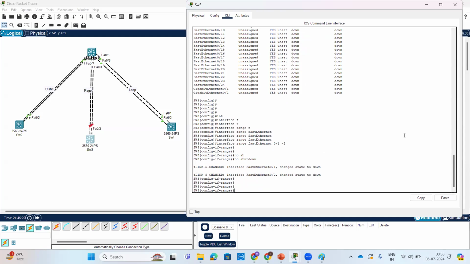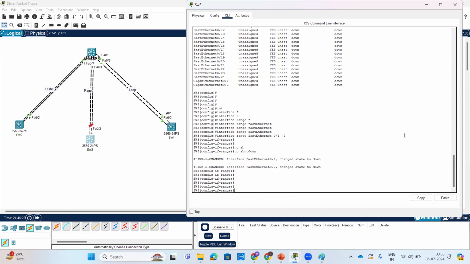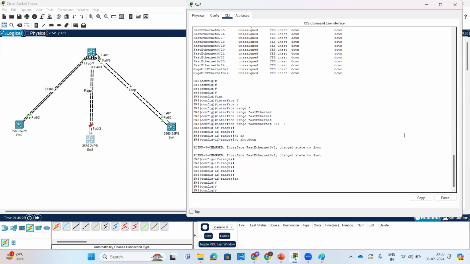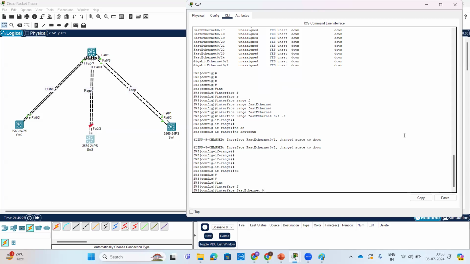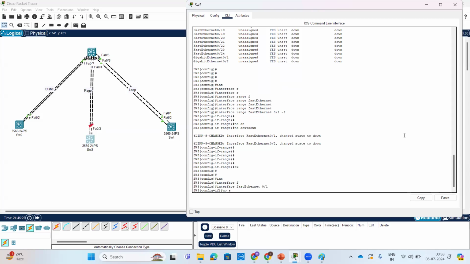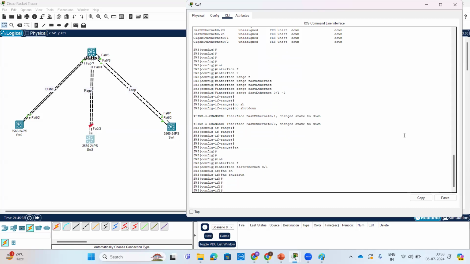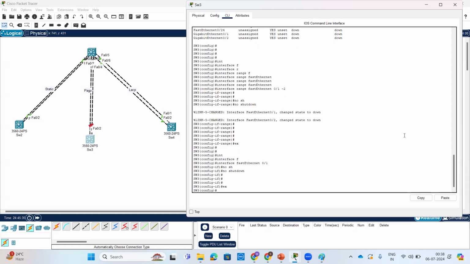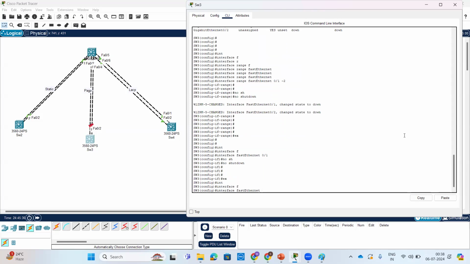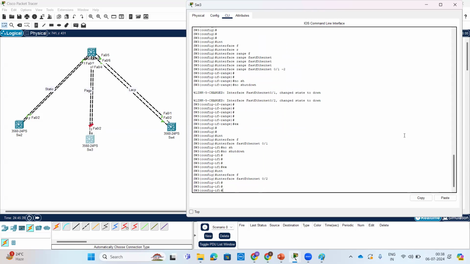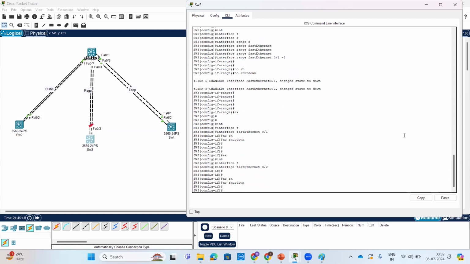What happened? If I am not using it, interface fast Ethernet 0/1, no shutdown. Exit, interface fast Ethernet 0/2, no shutdown.